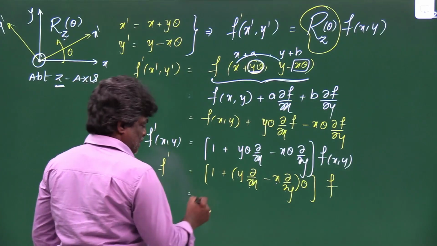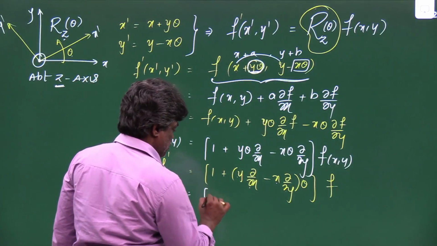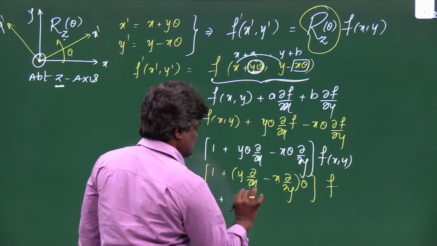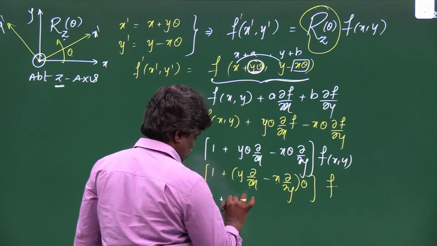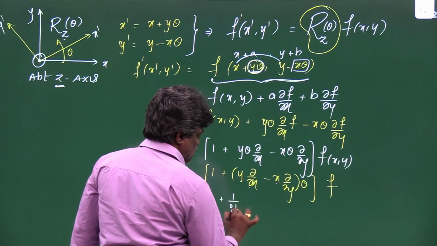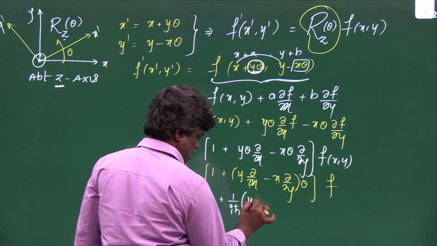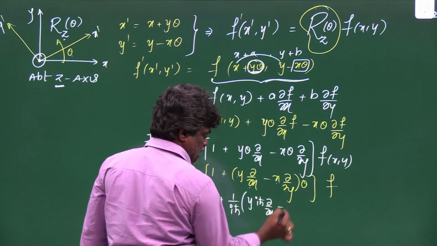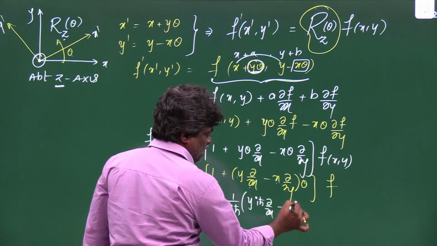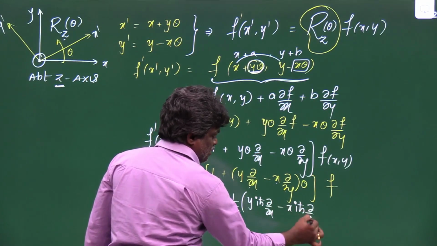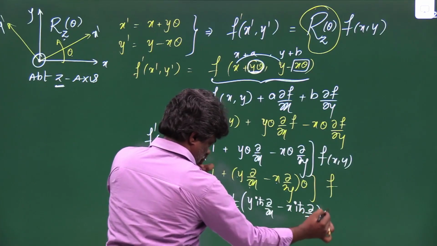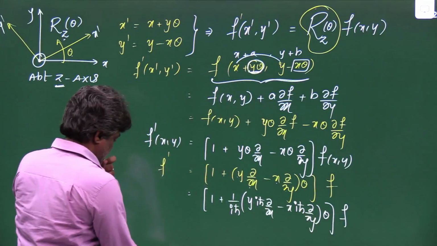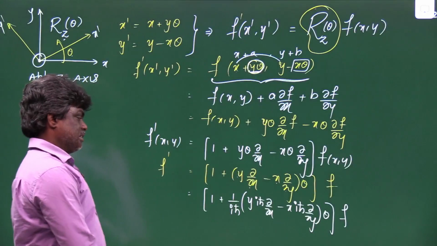So we are multiplying to divide. That's why I am multiplying with i h cross: 1 plus, i h cross division, y i h cross del by del x minus x i h cross del by del y, into theta into f. Any problem here? Right, fine.